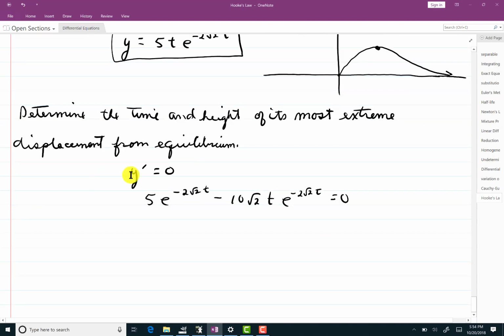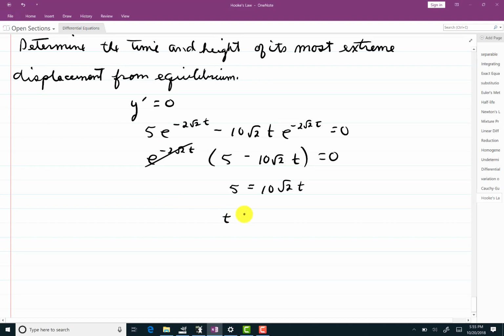Now from everything in here, I'll be able to factor out the e to the negative 2 radical 2t. 5 minus 10 radical 2t will be left in the parentheses. E to the whatever is never equal to 0, so I'll wipe it out. And that leaves me with 5 minus 10 radical 2t equals 0. So 5 equals 10 radical 2t. I'll divide by 10 radical 2, and I'll get t equals 1 over 2 radical 2 seconds.